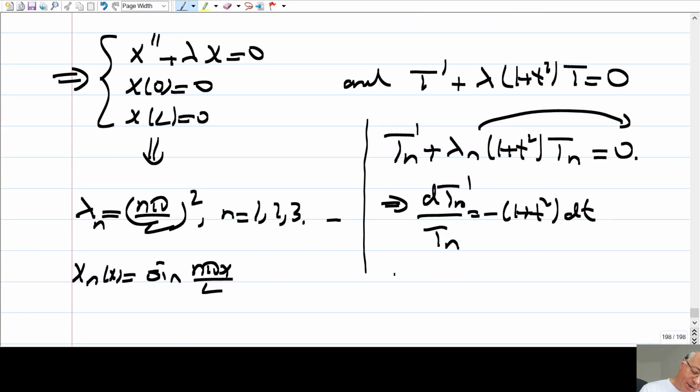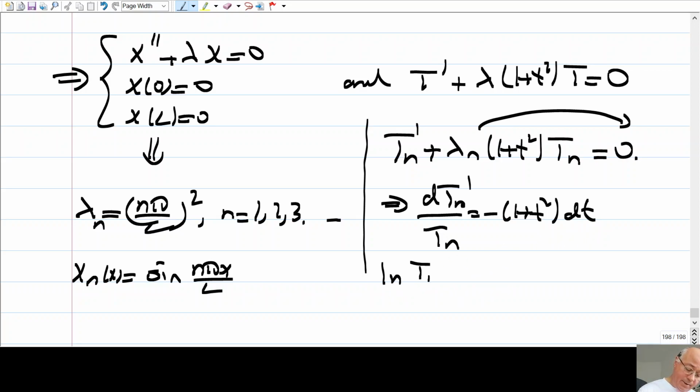Buradan ne elde edelim? İntegralini alırsak, T is e to the power... Yani önünde bir c var ama c'yi boş verin, çünkü sonradan zaten o constantlar gelecek. Bunun integralini alacağım. Bir dakika, dikkatli olalım.